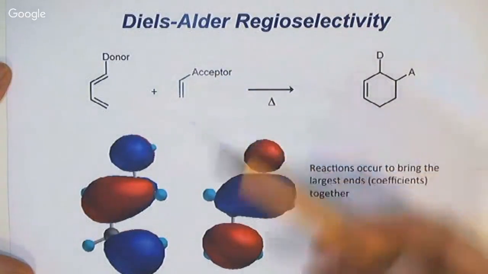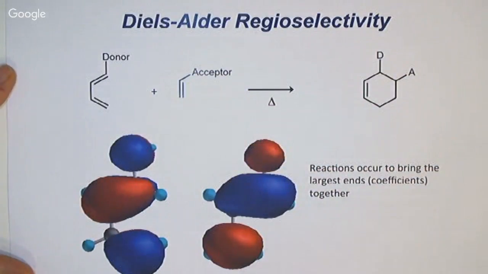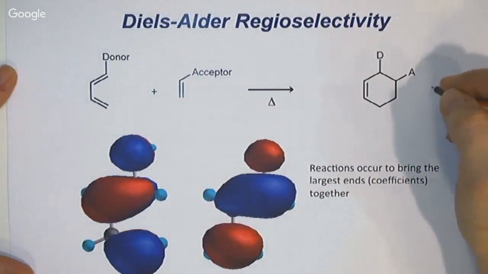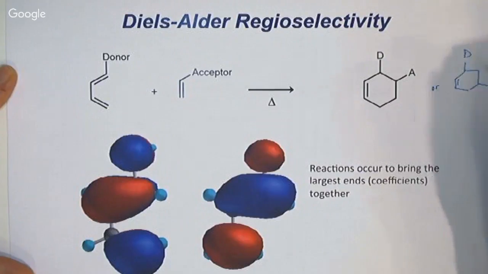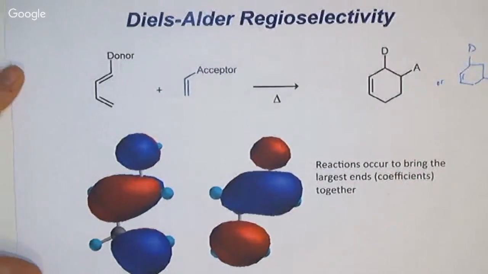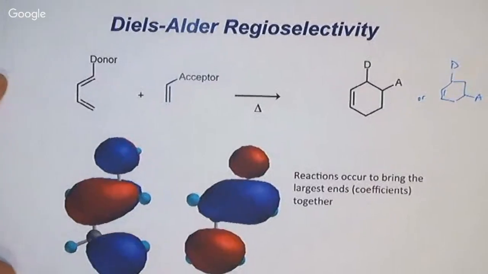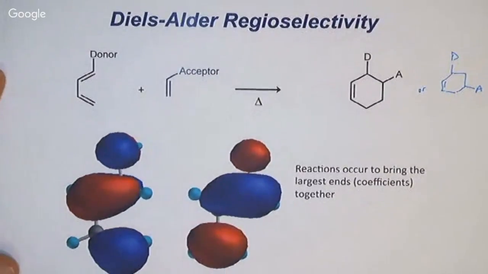You could also flip the way that the acceptor approaches the dienophile and instead end up with something that would look like this. Okay, and the way that we describe these two products, it's a little bit incorrect, but we still use it.